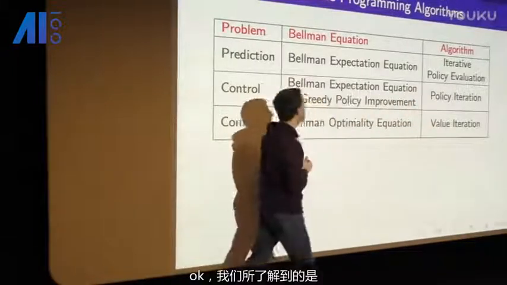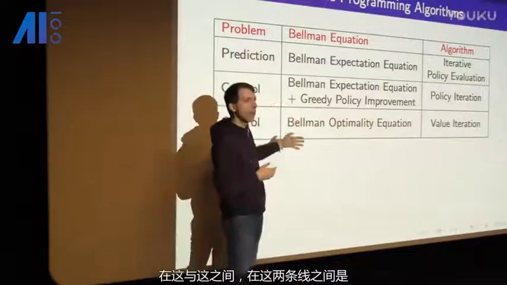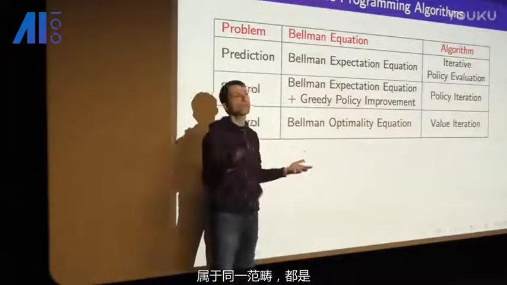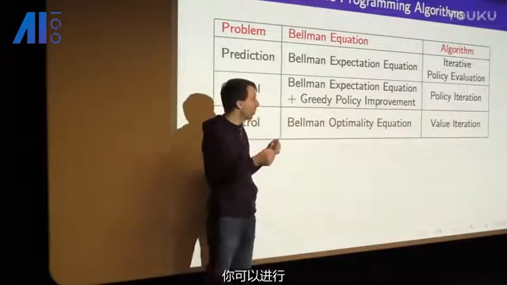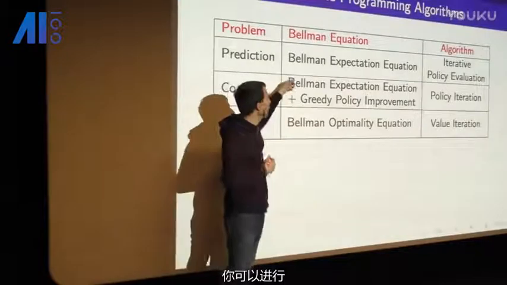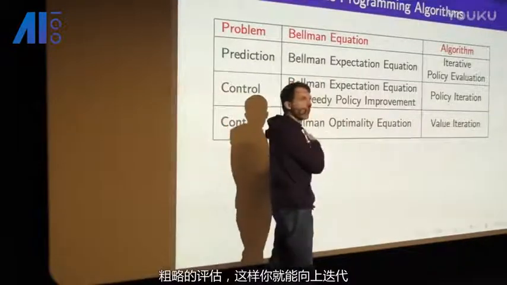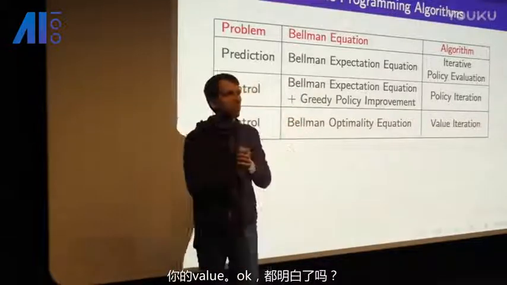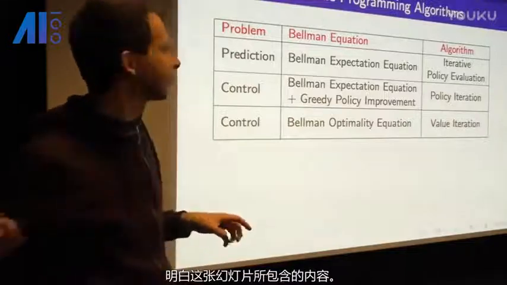And what we saw as well is that between these two lines is a spectrum, the modified policy iteration algorithm, where if you go all the way down to k equals 1, evaluating only very crudely, then you recover the value iteration algorithm. Okay, is that clear? I really want to make sure people get this slide.